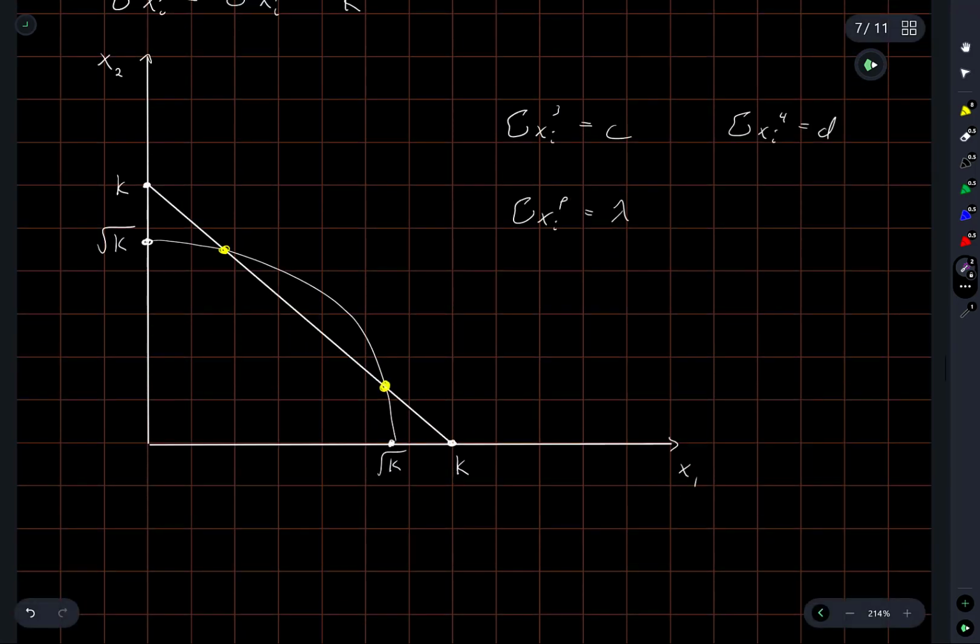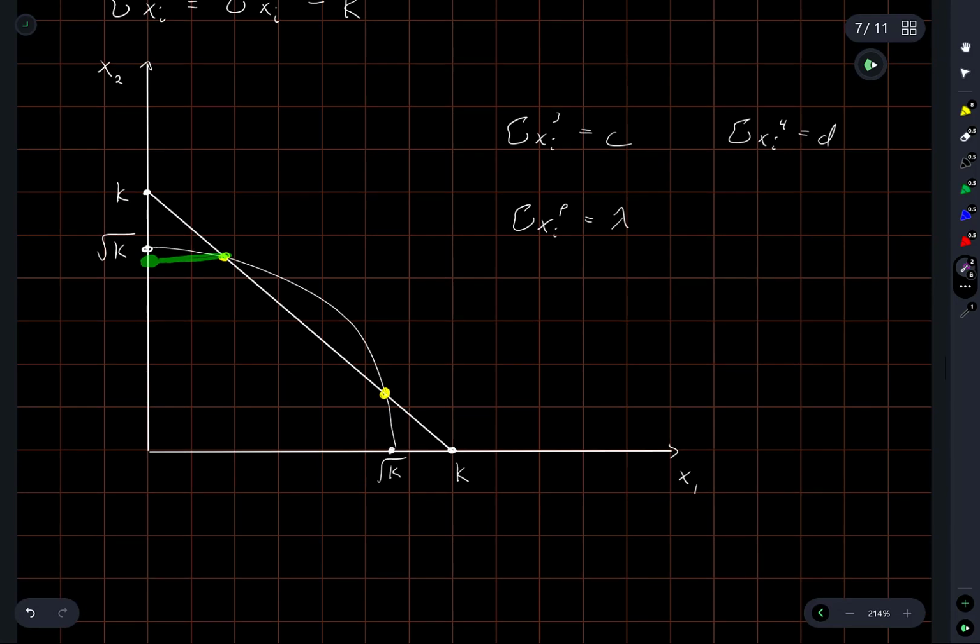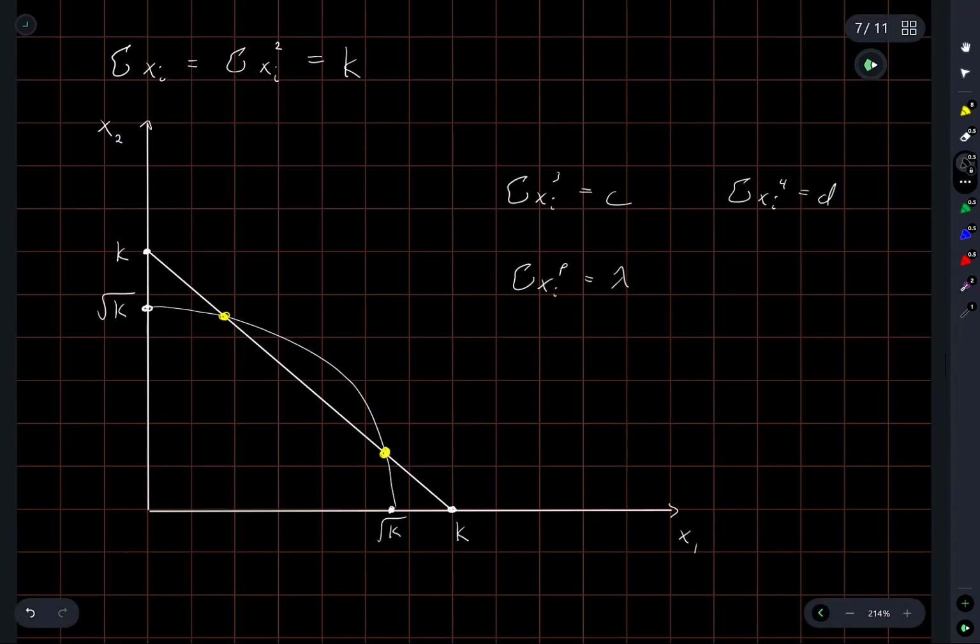I guess it'll be slightly below, like for the cube, it'll be a little bit below here, where this is going to be the cube root of k. But then on the fourth power, geez, I don't know. I don't see this working, or at least not easily and convincingly.